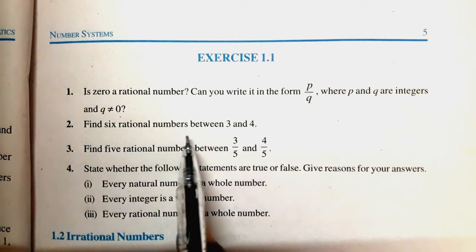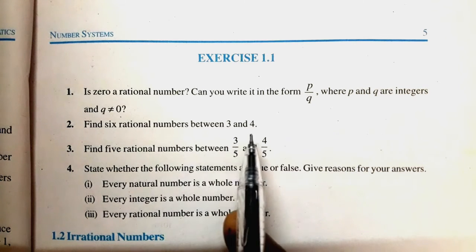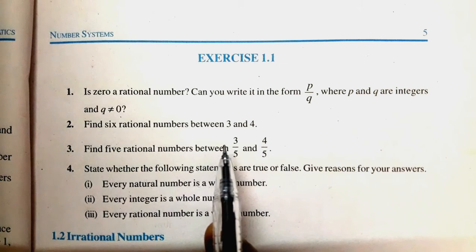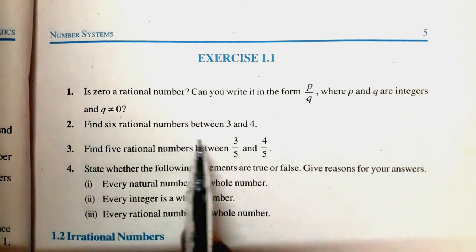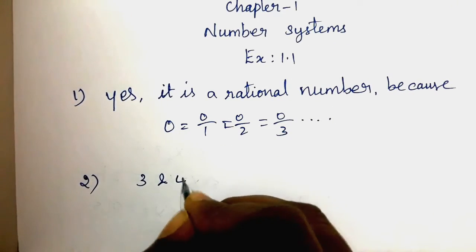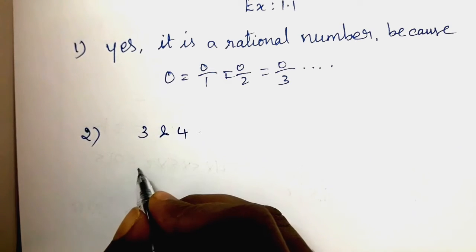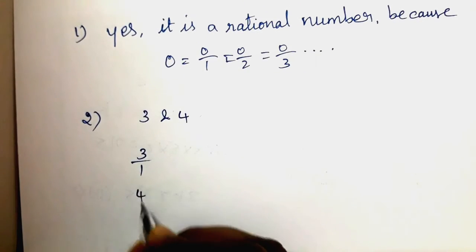Find 6 rational numbers between 3 and 4. In between any two numbers, we can find infinitely many rational numbers. So, here it is asking for only 6 rational numbers. Question number 2. Here given 3 and 4. Now, consider every number with denominator 1.